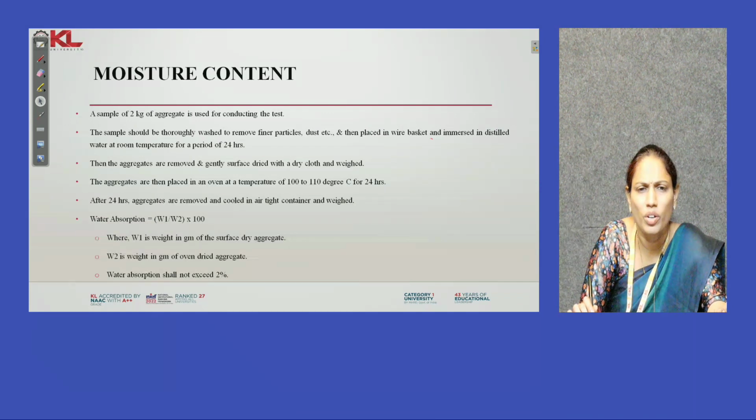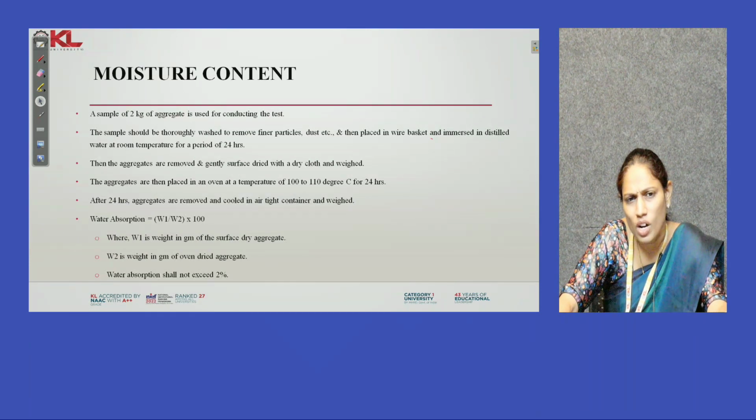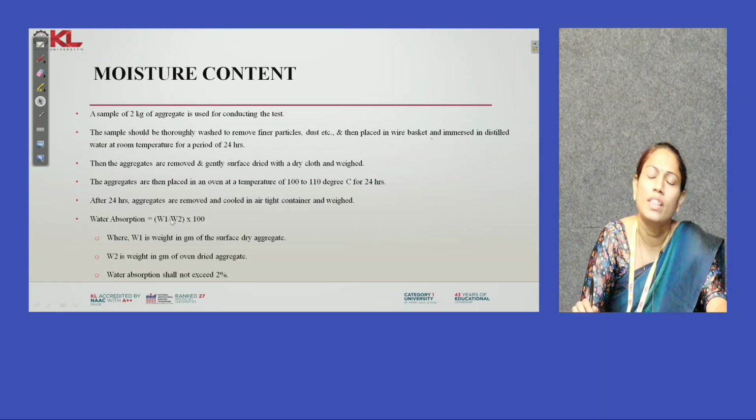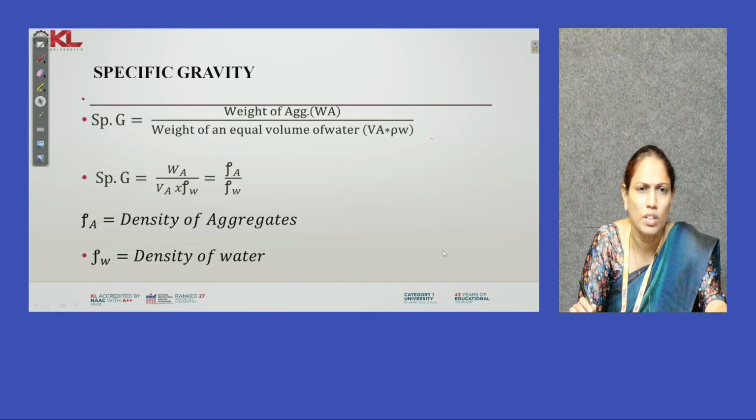Then you keep it in an oven at 100 to 110 degrees for 24 hours. After 24 hours, the aggregates are removed, cooled in an airtight container and weighed. For water absorption, we keep it in water for 24 hours, and after taking it out, we see what the absorption is. Water absorption should not exceed 2%.